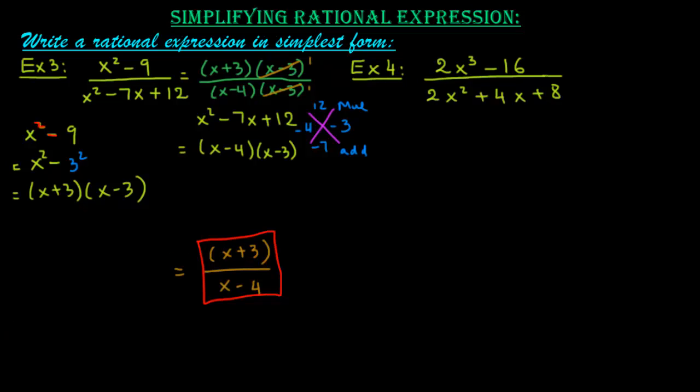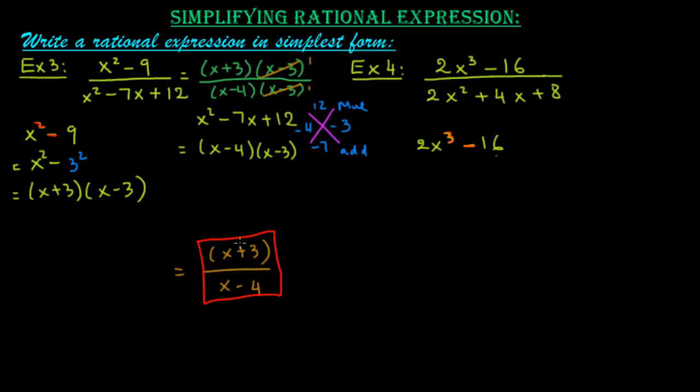Okay, so example 4, we do the same thing, factoring the top part and factoring the bottom part. So on the top part, 2x cubed minus 16. Since the cube and the minus remind me of the difference of cubes, let's see, is there any number raised to the third power that gives me 16?